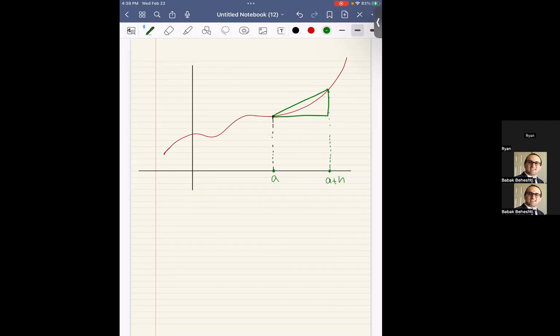If you look at this triangle, this side is delta y, this side is delta x.